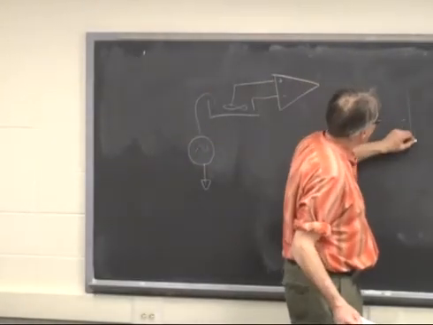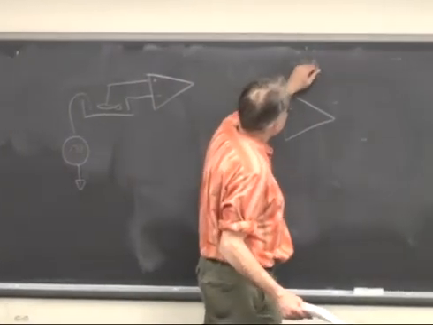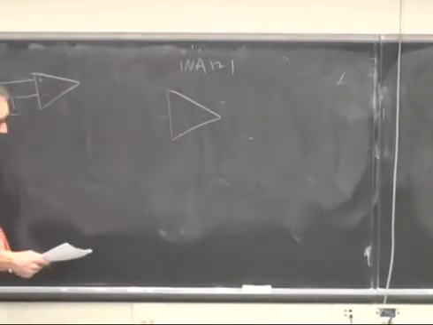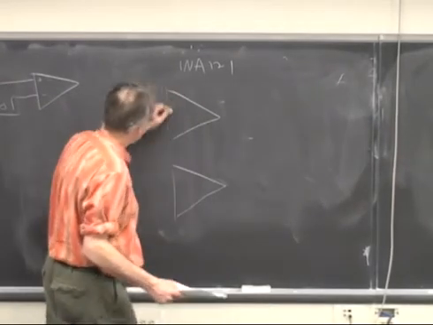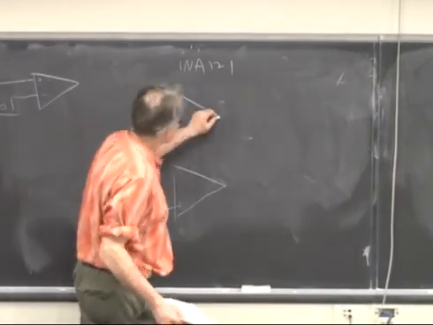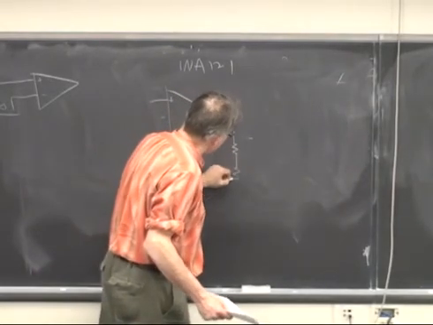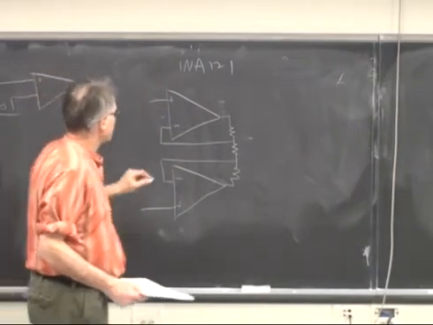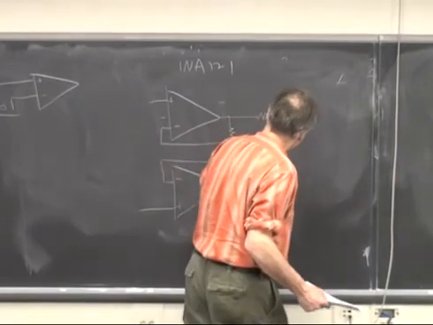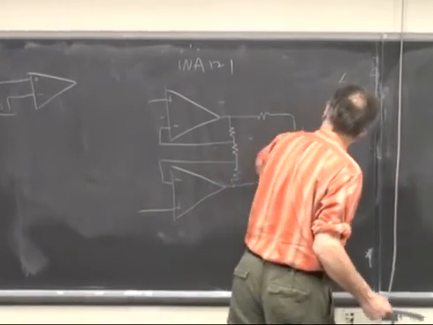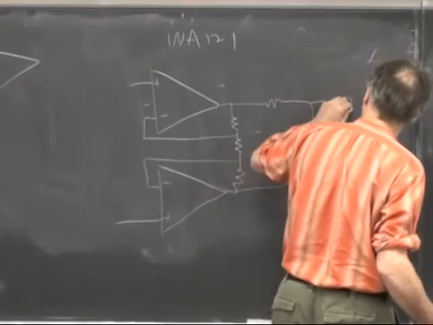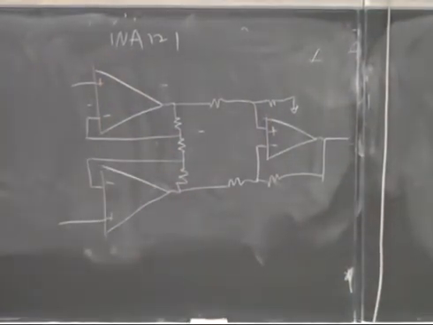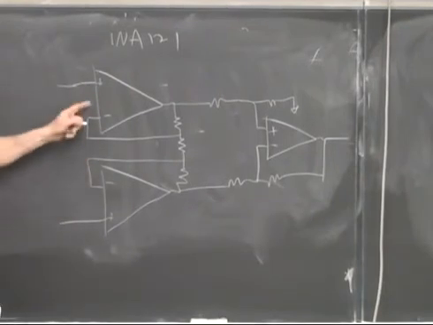So the standard 3 op amp differential amplifier, this is, by the way, what's in an INA121, which you will be using in Lab 3, is a very interesting topology where these two op amps act as impedance buffers.